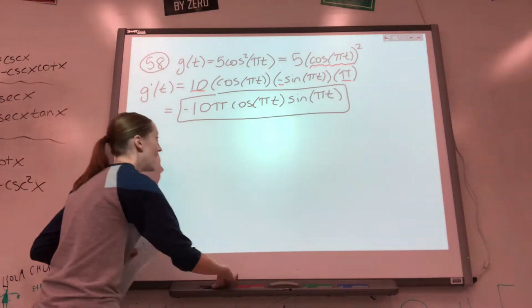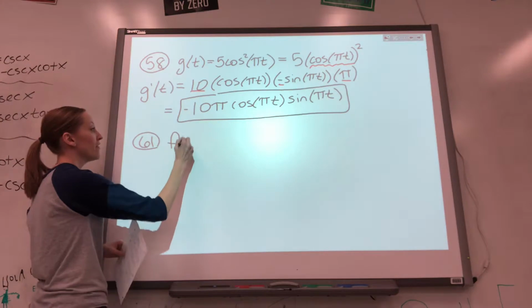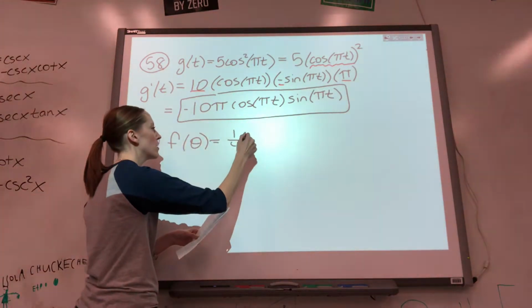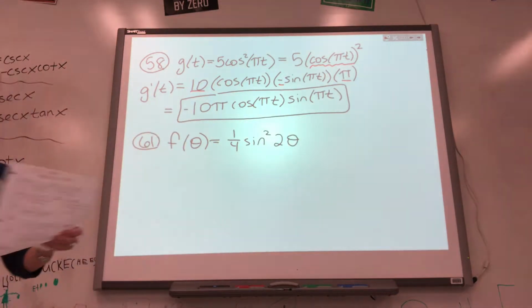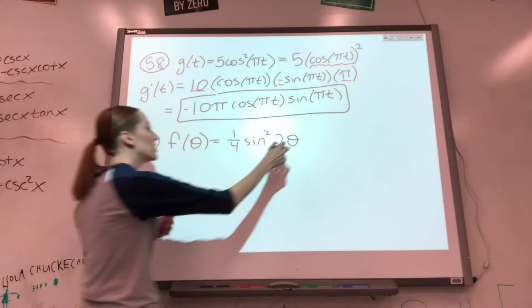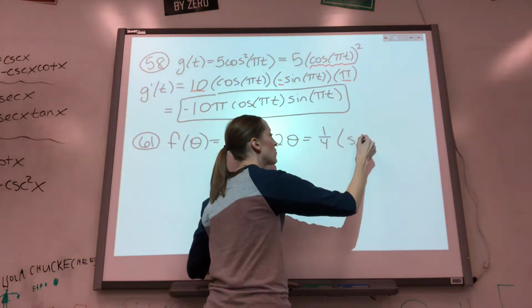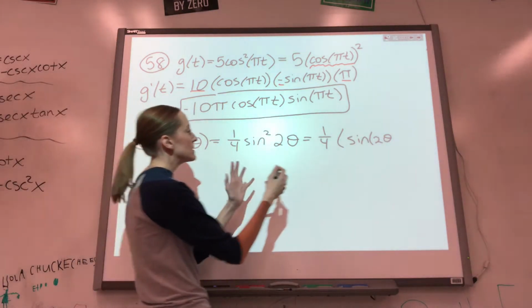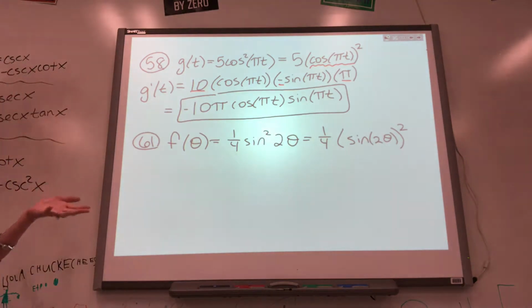61, and it says f of theta, so that's a little different, of 1/4 sine squared of 2 theta. I would rewrite this, keeping the 1/4 out front, rewrite it as 1/4 times sine of 2 theta, that whole thing squared.